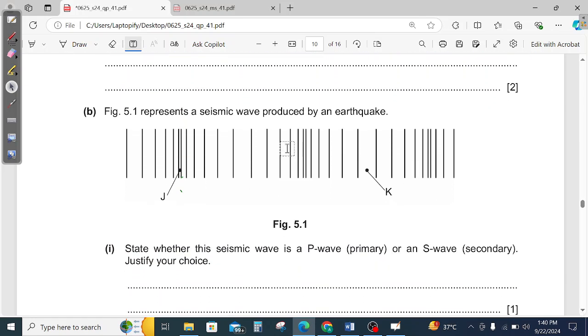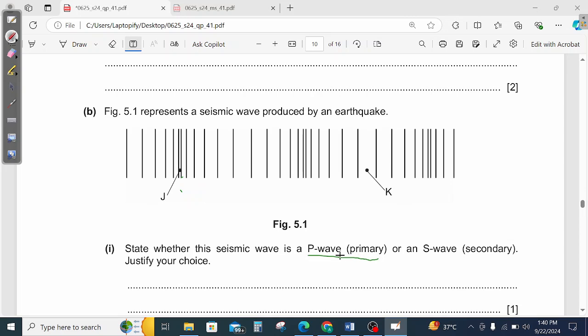second part. Figure 5.1 represents seismic waves produced by an earthquake. Okay, this is the longitudinal pattern. State whether this seismic wave is a P wave or an S wave. Justify your answer. Remember, the primary waves are longitudinal waves.